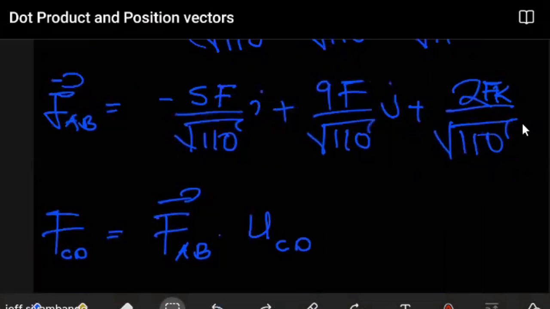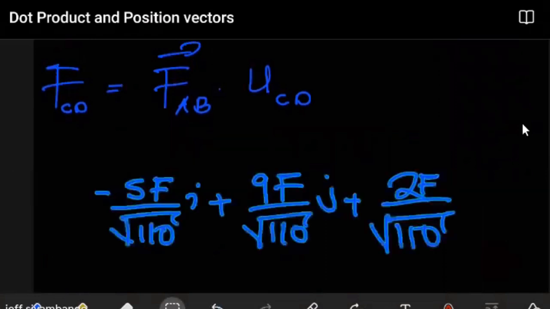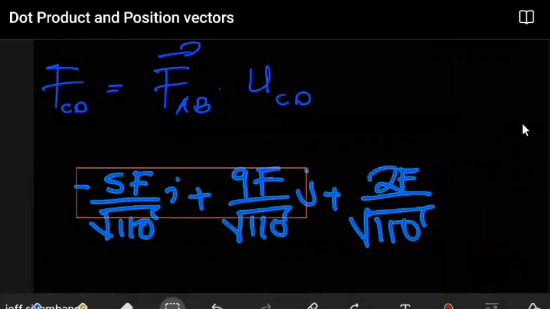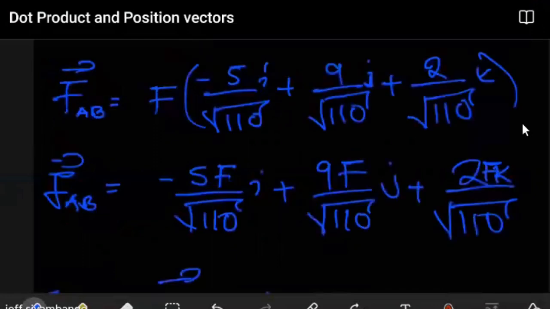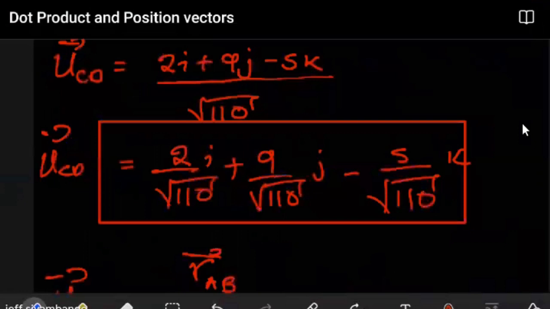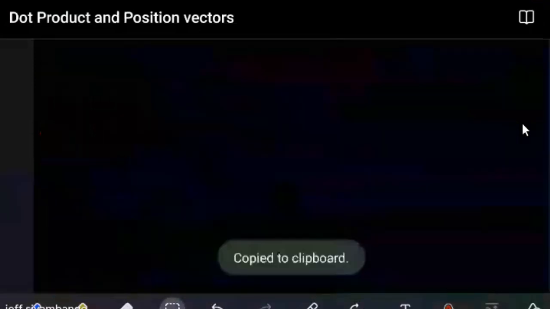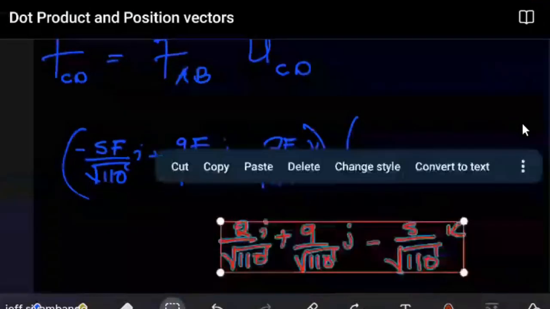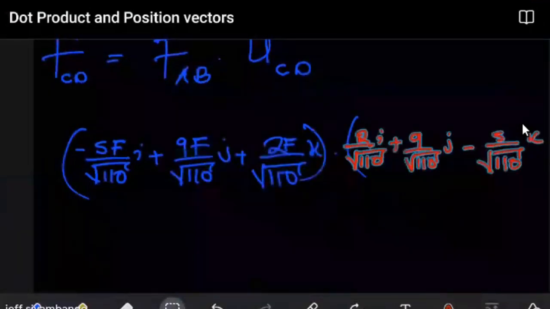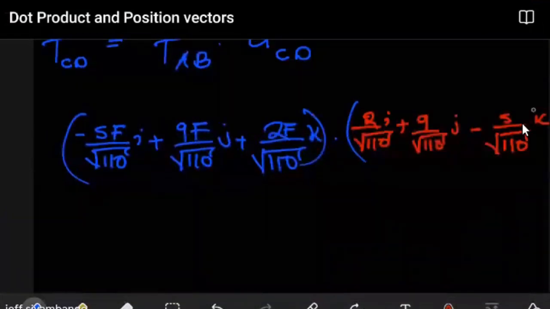So this is the force F. Now we're getting its dot product with the unit vector along CD. It's here. Okay, so this is the dot product we're evaluating.